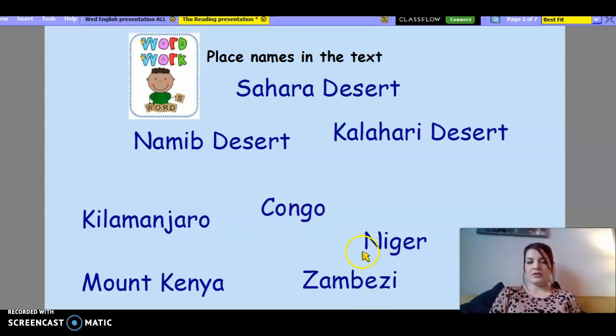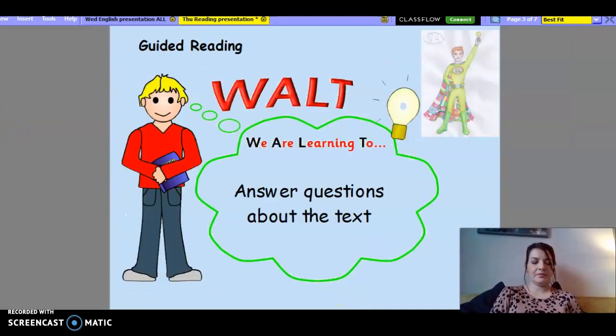Congo, Niger, and Zambezi. Those are the names of rivers in Africa. So look out for those words in the text. Sahara Desert, Namib Desert, and Kalahari Desert. Mount Kilimanjaro and Mount Kenya. The Congo River, the Niger River, and the Zambezi River.